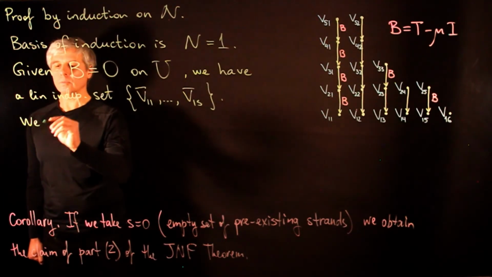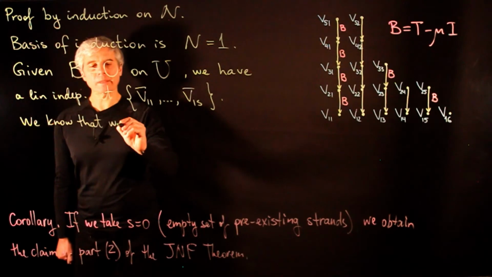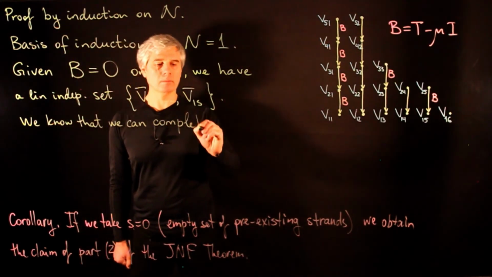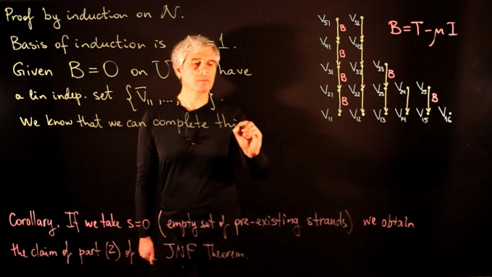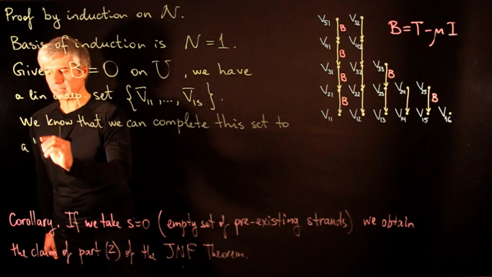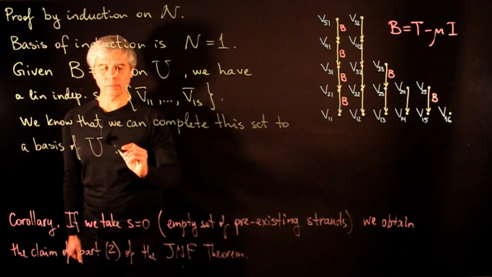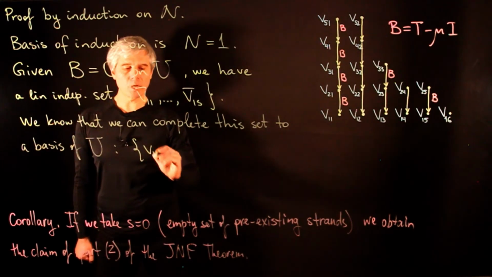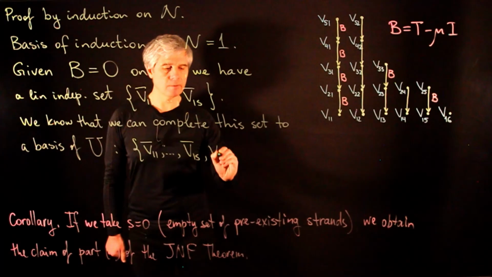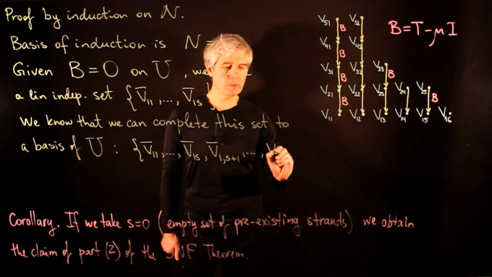We know that we can complete this set to a basis of U, V11 through V1s, then V1s plus 1 through V1r.